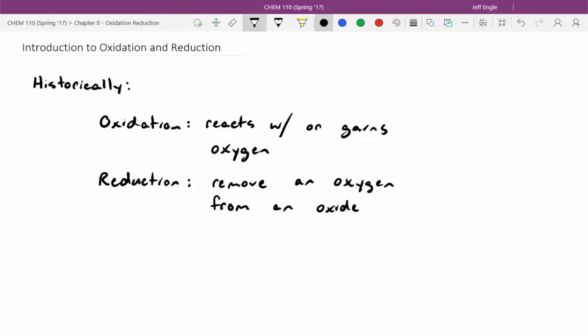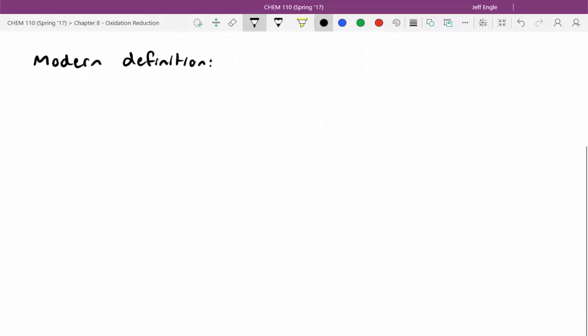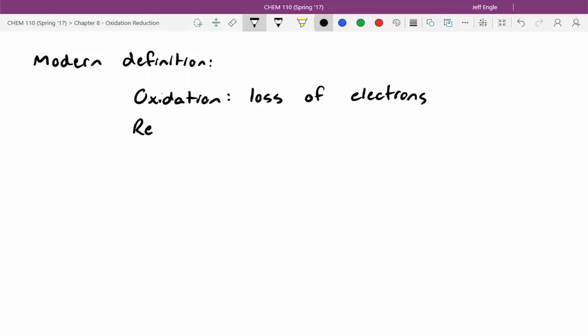So the modern definition is a lot better. The modern definition says oxidation is what? Is it gain or loss of electrons? I taught you guys OIL RIG, right? Oxidation Is Loss of electrons, where Reduction Is Gain.